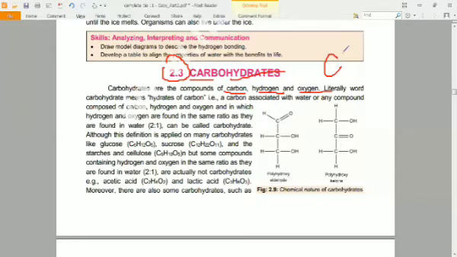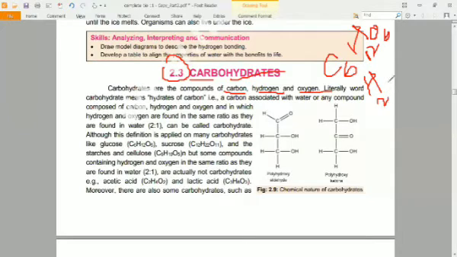Like we can take glucose, C6H12O6. You can see that hydrogen and oxygen in this carbohydrate are present in the ratio in which they are present in water.